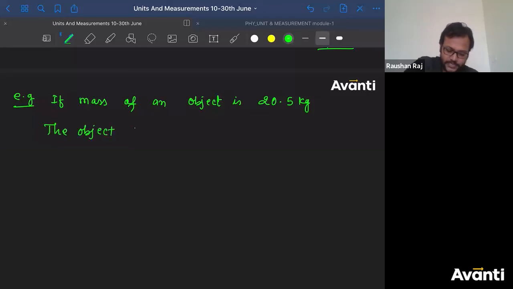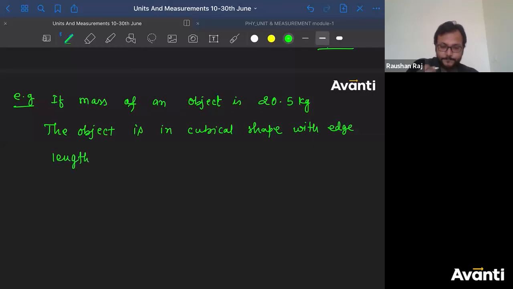The object is in cubical shape with edge length, और इसको थोड़ा आसान करने के लिए let me consider 200.0 kg.